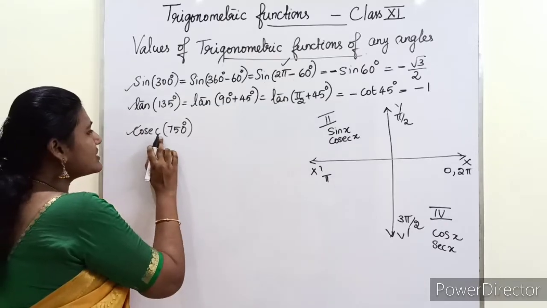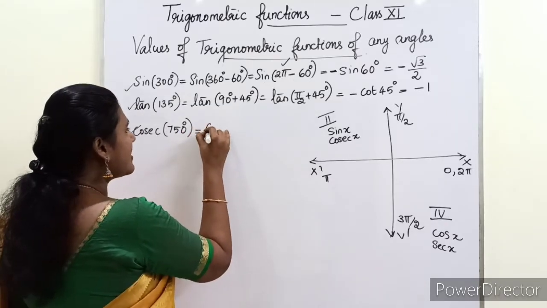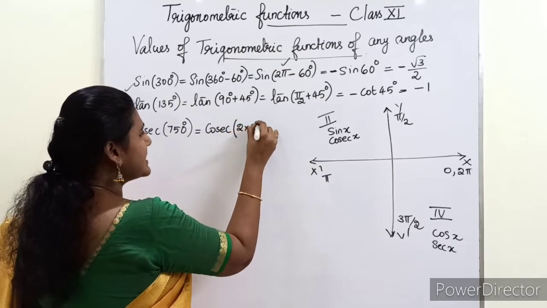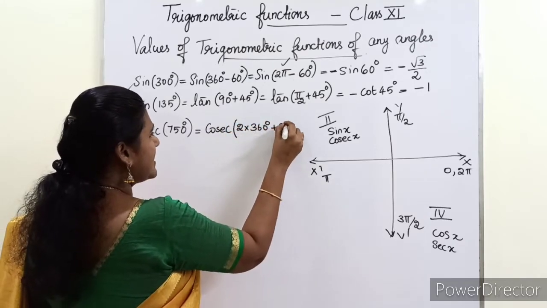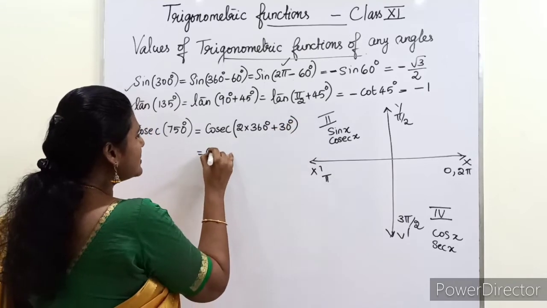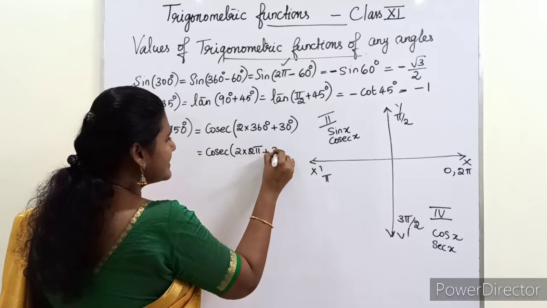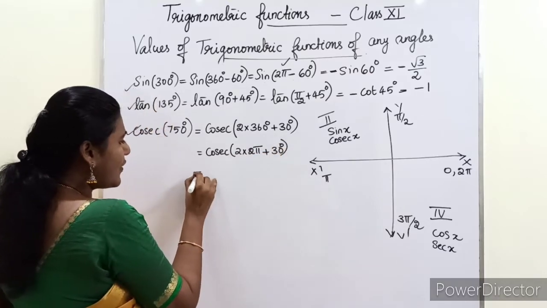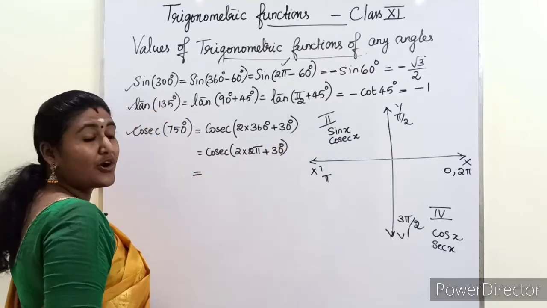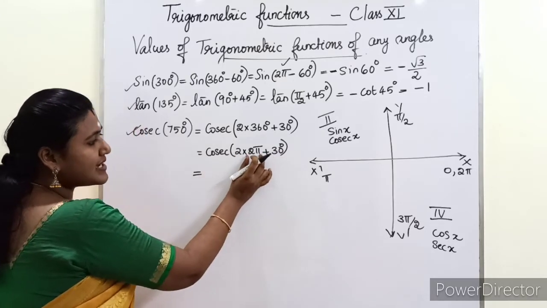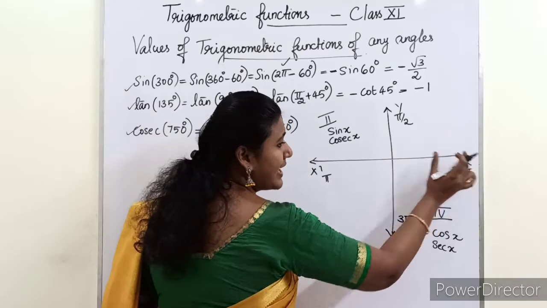Next one, cosec 750. Cosec 750 we can write as 2 into 360 plus 30 degree. So this we can write as cosec of an integral multiple of 2 pi plus 30 degree. Here we have already seen this will not change. For an integral multiple of 2 pi, the function will not change because this angle lies on the x-axis.